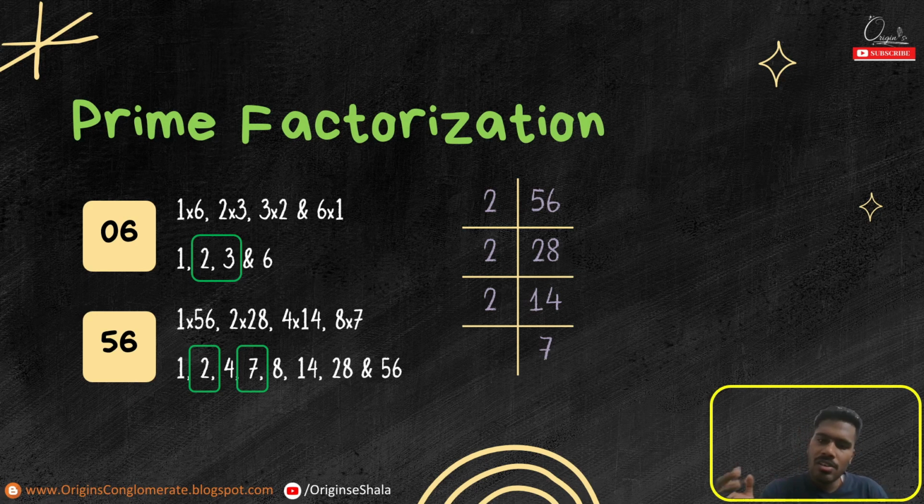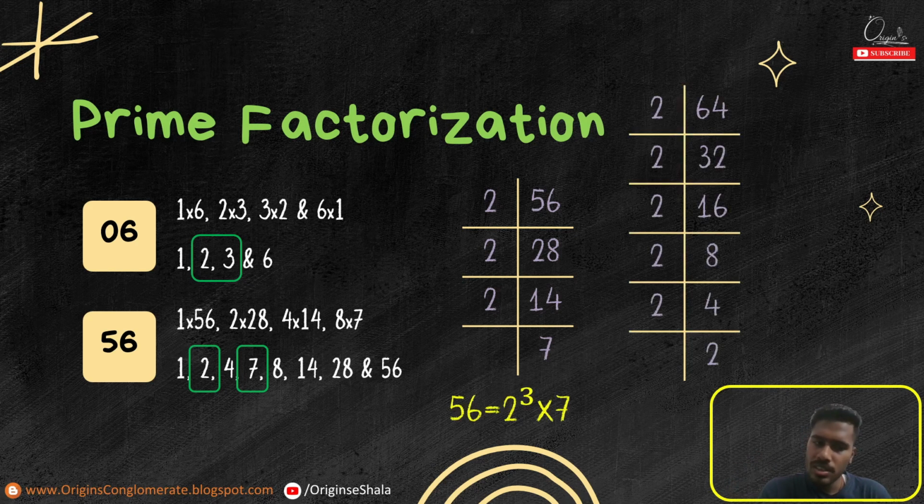In the case of 56, I would divide it by the greatest known prime number that I know will completely divide it. In my case, I didn't know it was 7 without doing the multiplication, so I will start with 2. As I keep dividing, I will find 7. So I can write it like 2 cube into 7.